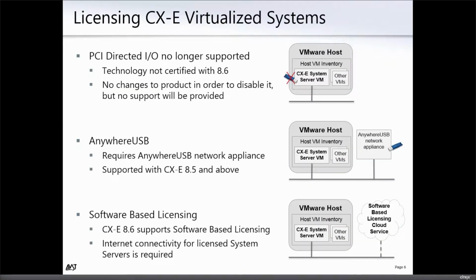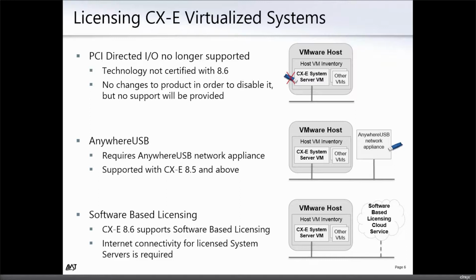One of the things we did that's not directly with VMware, but certainly makes a VMware environment work a lot better, is we added a new type of software licensing. We actually got rid of one type. We used to allow VMware hosts to use direct I/O, and direct I/O could map to a dongle on the physical host server, and that was how we did software protection. We've discontinued that model.